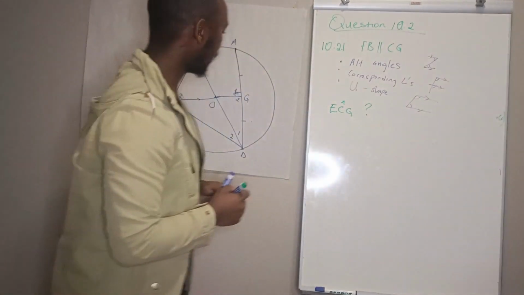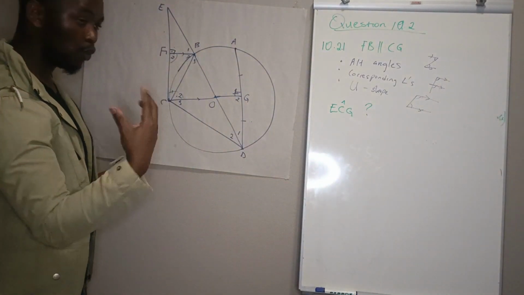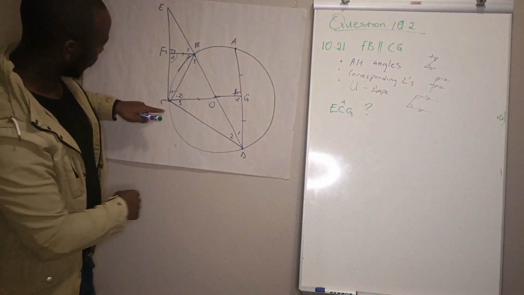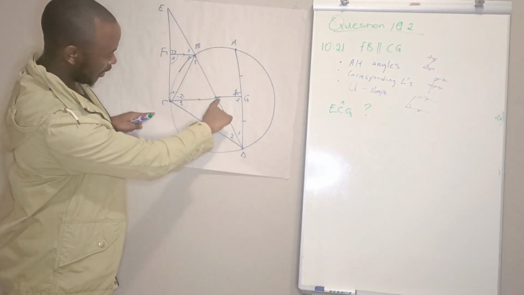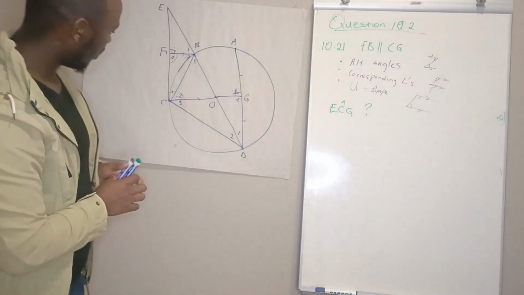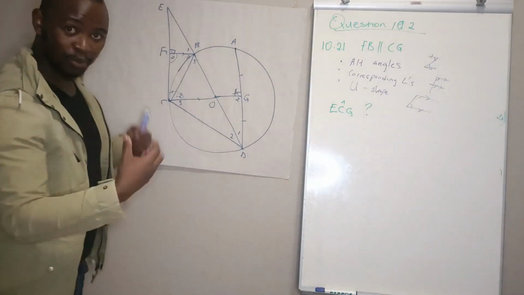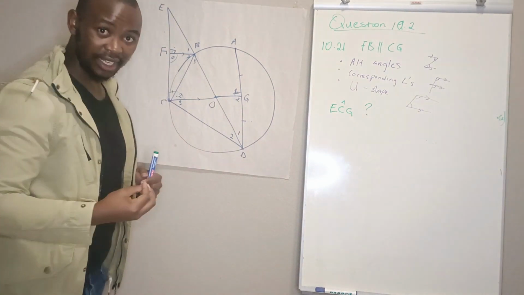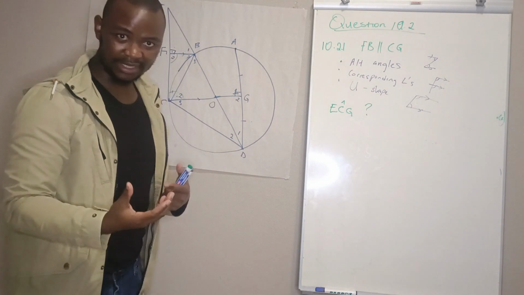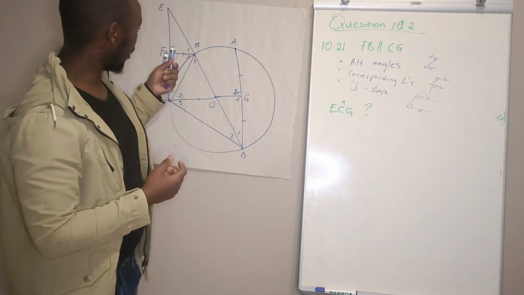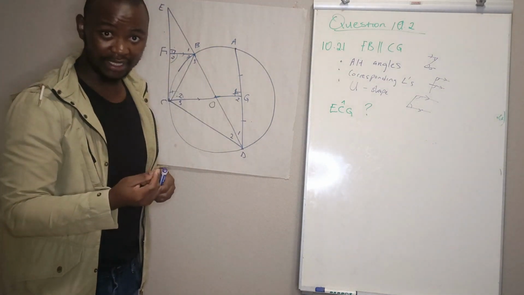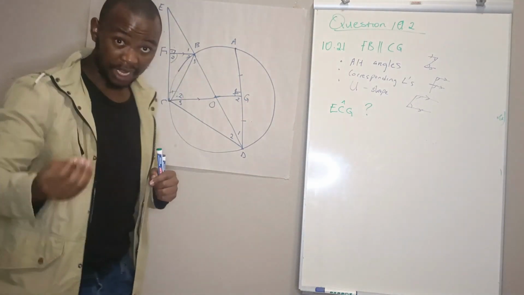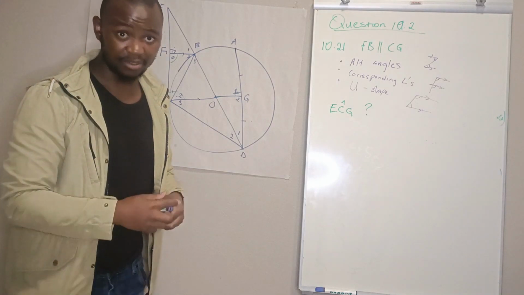What is that angle? To find that angle, we are already told that there is a radius in here. The goal is to prove that, because we already know that F1 is 90 degrees. For corresponding angles, it won't always be this case, but fortunately here we know that F1 is 90 degrees, and therefore ECG must be 90 degrees in order for us to prove that they are corresponding angles.